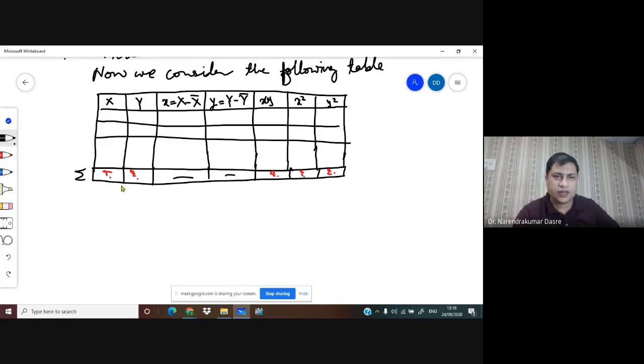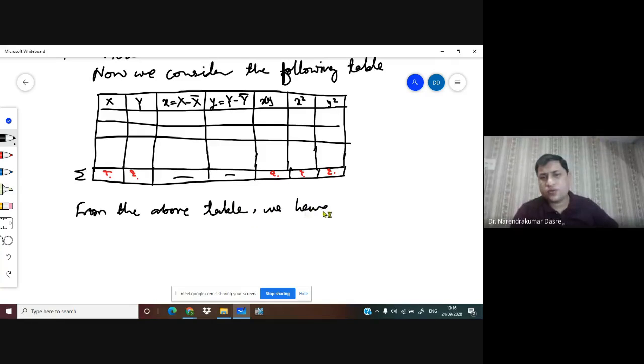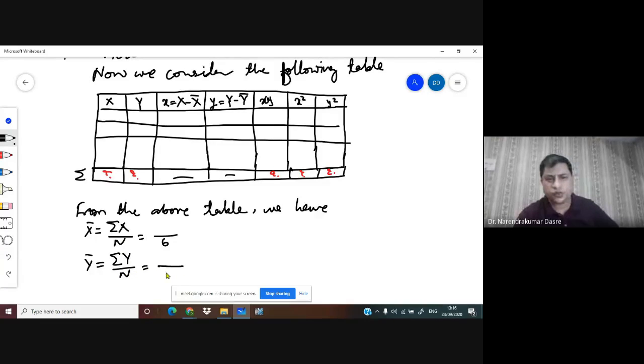So after calculating these two values, we can write here, from the above table, we have x bar is equal to summation x upon n, and that will be the summation divided by 6. Y bar is equal to summation y upon n, and that will be this by 6.